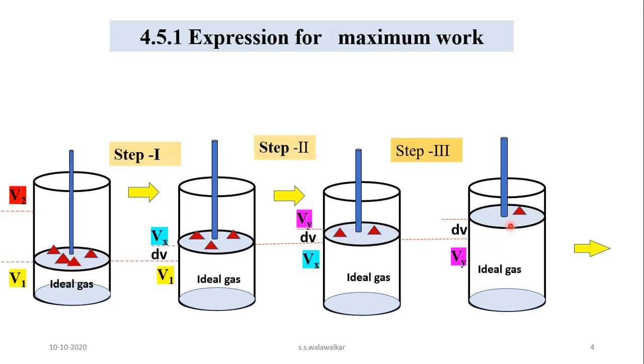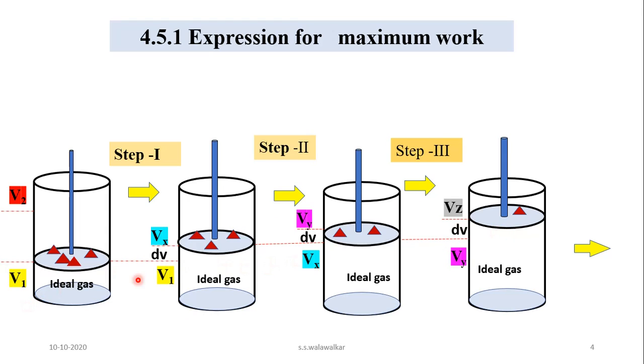Again if you remove 1 more gram, again a small change in volume takes place, from Vy to Vz. Like this, if the change is continued, at every step some small mass is removed, meaning a small decrease in the external pressure, so that a small increase in volume takes place. So the change is carried out in a number of steps.